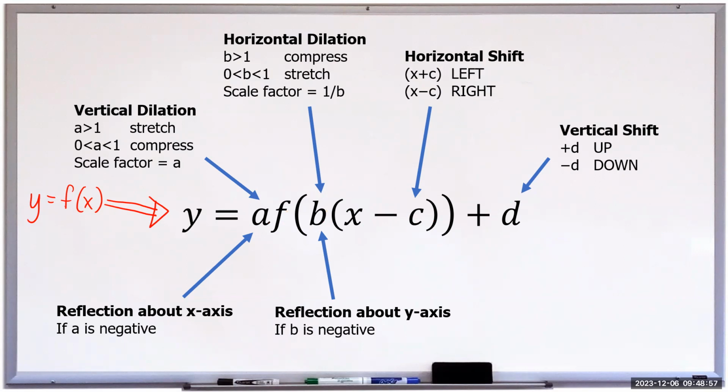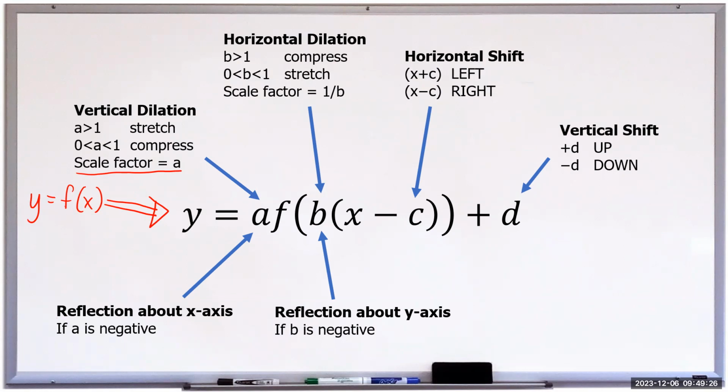So for variable a, that is for vertical dilation. If a is greater than 1, that is a vertical stretch. If a is less than 1, that is a vertical compression. And take note, the scale factor is a itself. If a is negative, then we have a reflection about the x-axis.